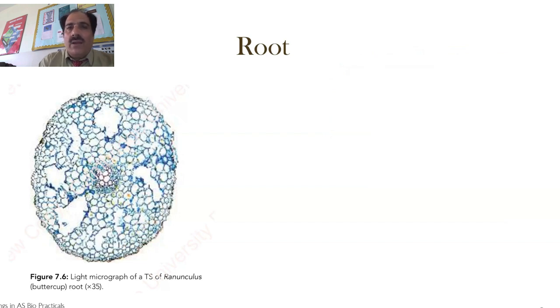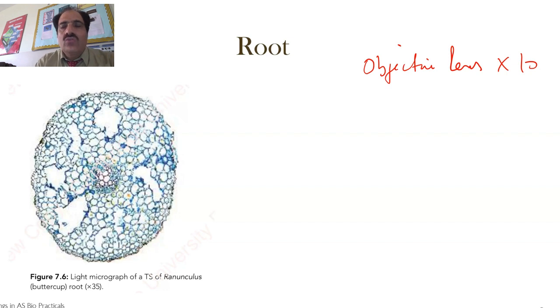Whenever we are making the plan diagram, we must always focus the slide, and the objective lens should be at power 10. The eyepiece lens is already 10, so the objective lens should be at power 10 when we are making a plan diagram.